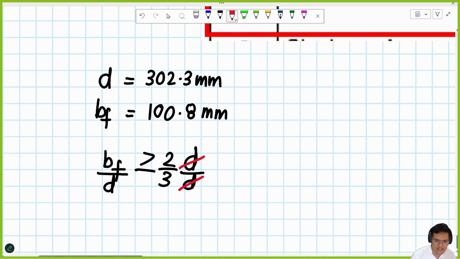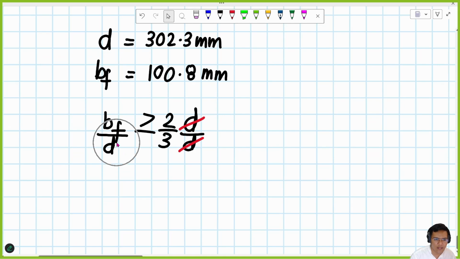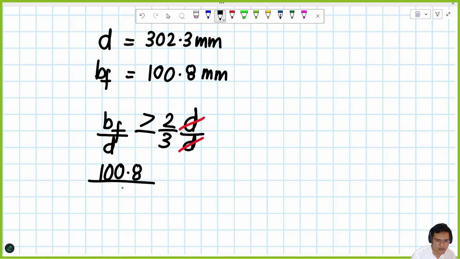So we could say na pag kinuha natin yung range na to, yung b sub f over d ang dapat greater than or equal to 2/3. Kapag nasatisfy yan, pasok ka sa range na to. So i-plug in natin yung values: 100 for the b sub f, divided by d, the depth of our cross-section.